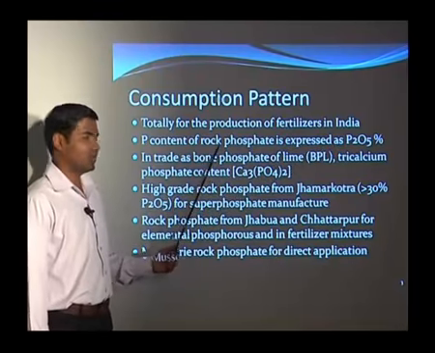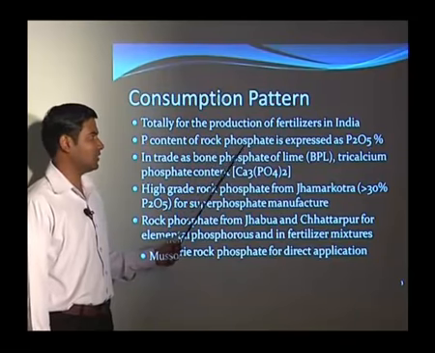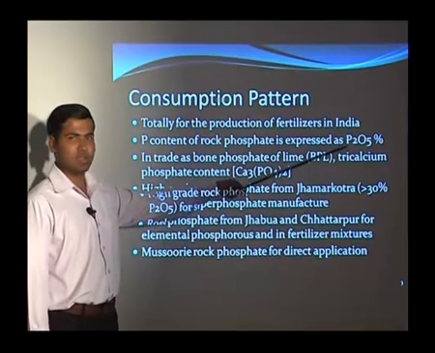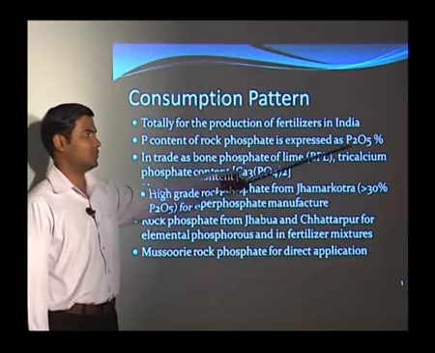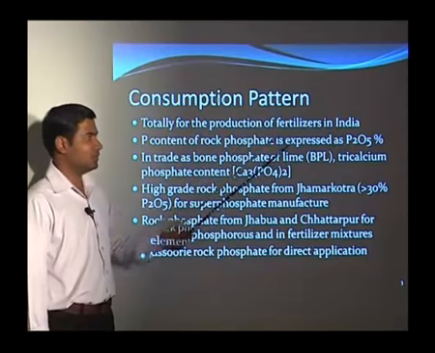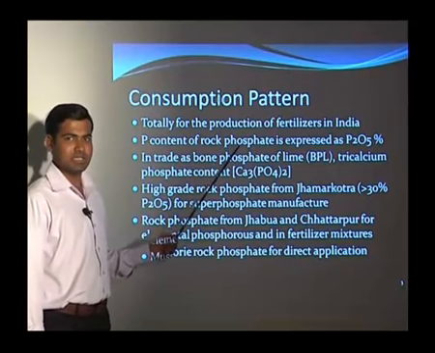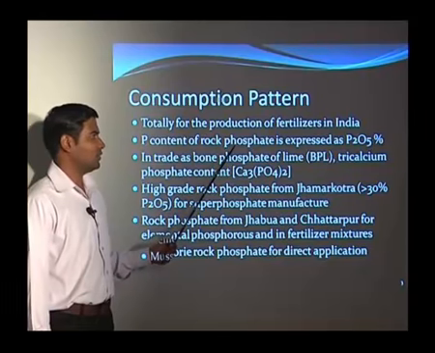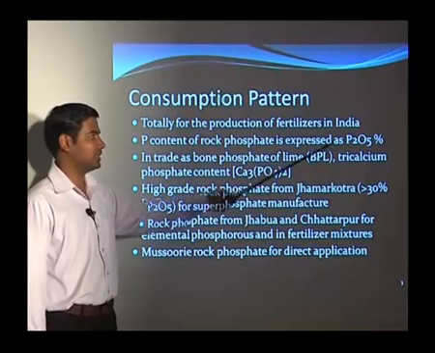Wherever the raw material is used for phosphorus production and other phosphorus compound production, we use P2O5 as a raw material. So the rock phosphate is always expressed as a P2O5 percentage. To start with, we should have some percentage of P2O5 initially. If it is less than that, then we have to go for a method which will increase the percentage of phosphorus pentoxide in the raw material.